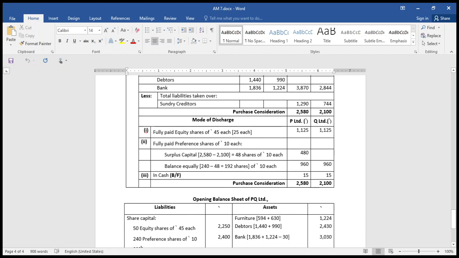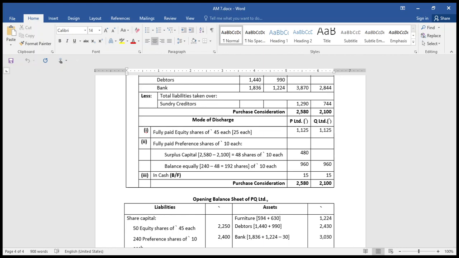So the required amount is 15 rupees, and that 15 rupees is to be paid in cash. In case of Q Limited, 1125 worth of equity shares and 960 worth of preference shares are issued. Now the required amount is 15, and that balance amount will be settled in the form of cash.